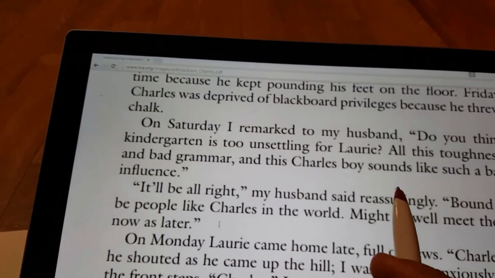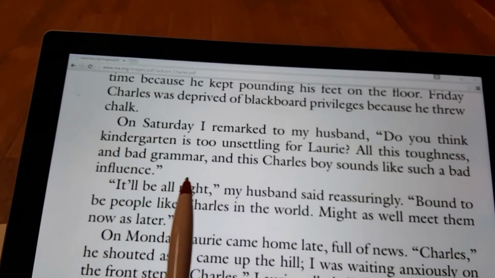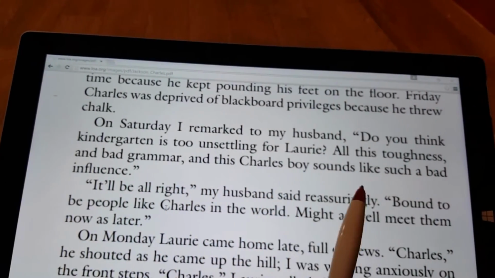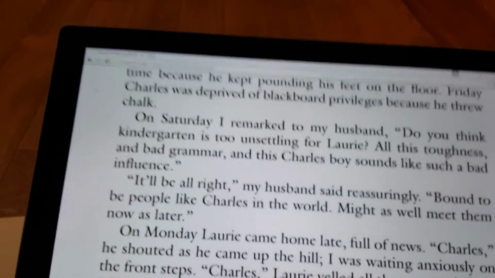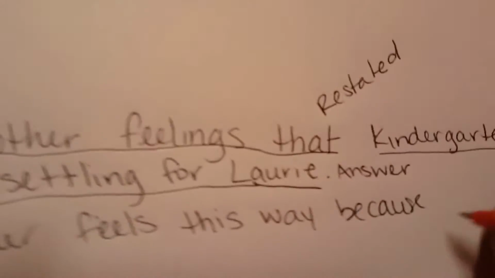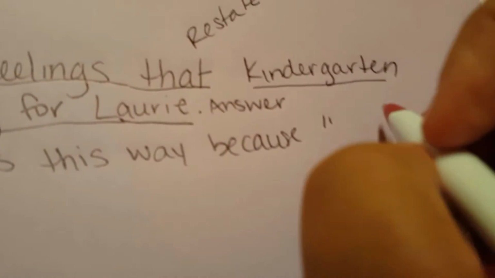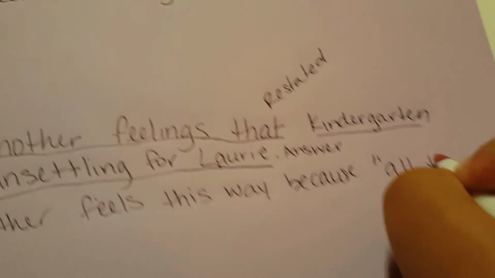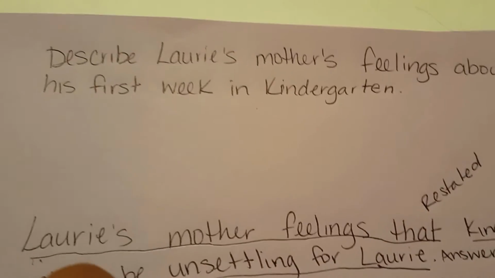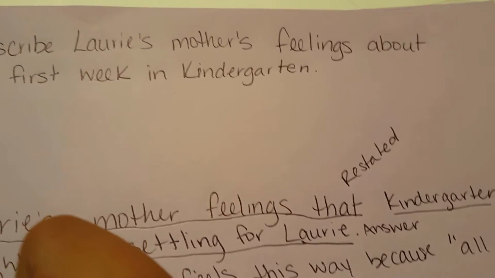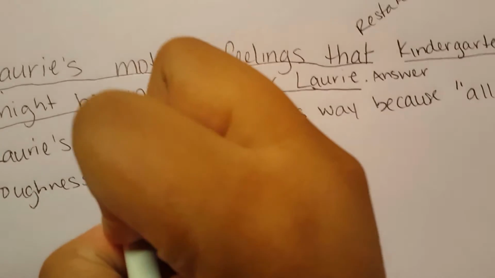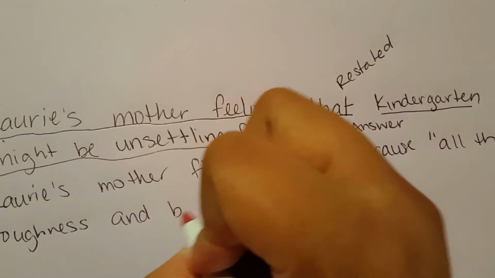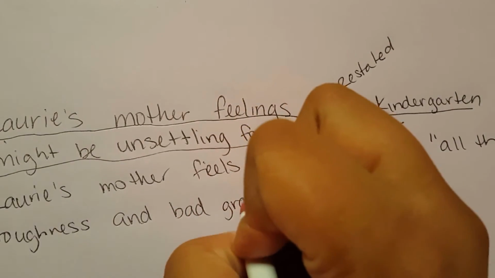So all this toughness and bad grammar and this Charles boy sounds like such a bad influence is what we're going to write. And because we're writing a direct quote, we must put quotation marks around it. Okay? So we're going to write all this toughness and bad grammar.